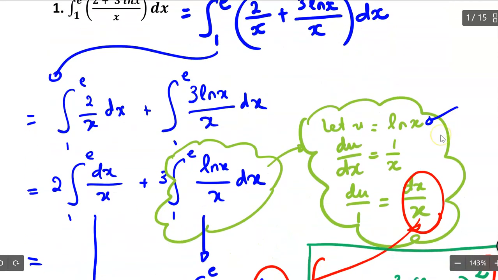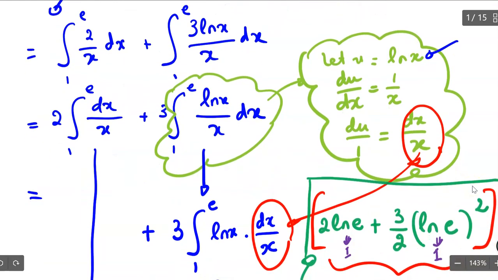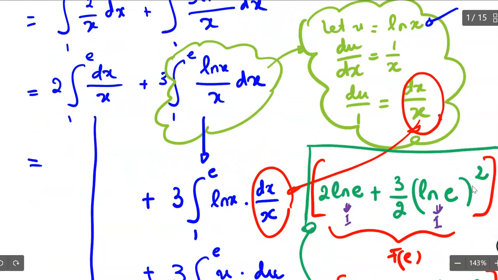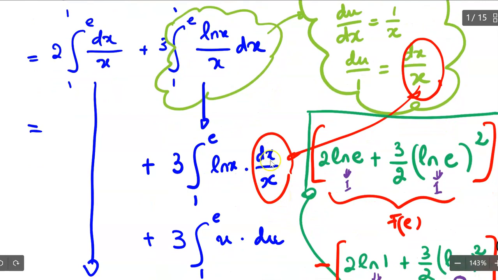Using the substitution method is to let u equal to something, then differentiate, and then try to match your integrand dx. Now instead of writing dx, you write it as du. So ln x, you already let it equal to u.